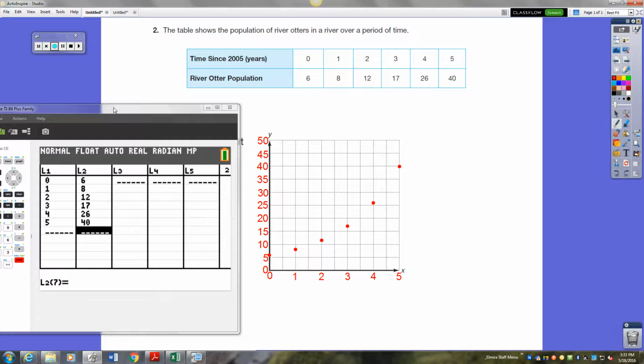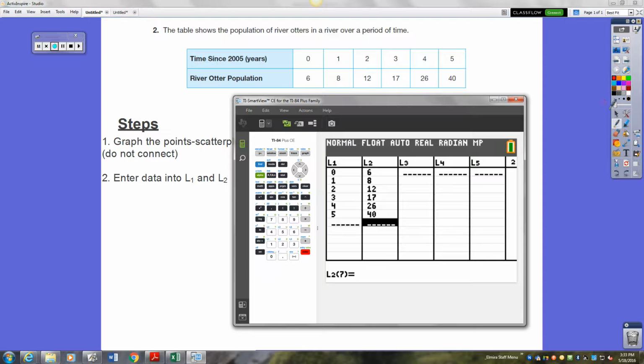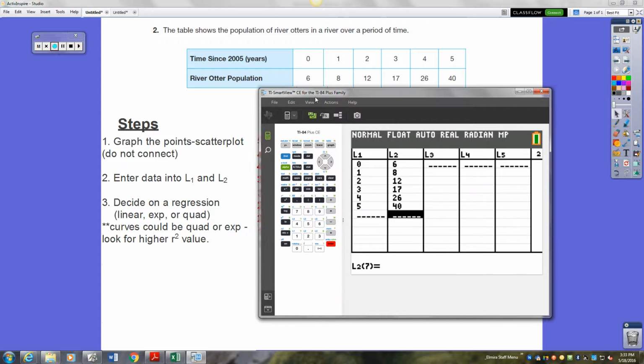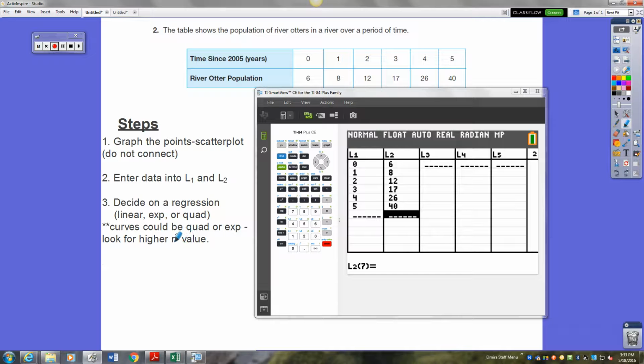So anytime you have a curve, when you're trying to decide on the regression, curves could be either one. So you're going to do both regressions and look for the higher r squared value. Well, Mrs. Andrews, why r squared? You'll see in just a minute.